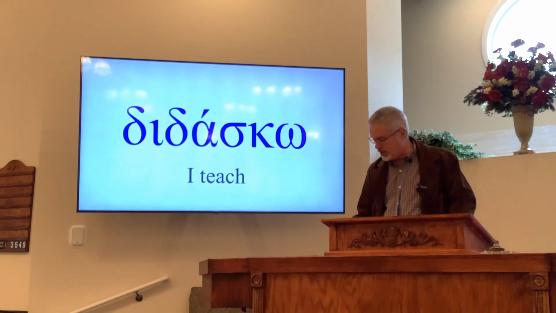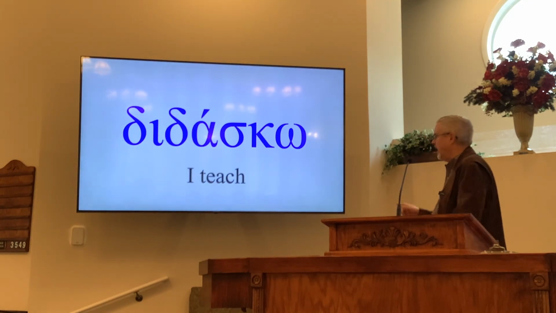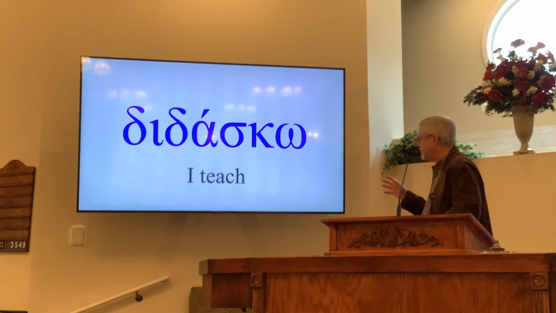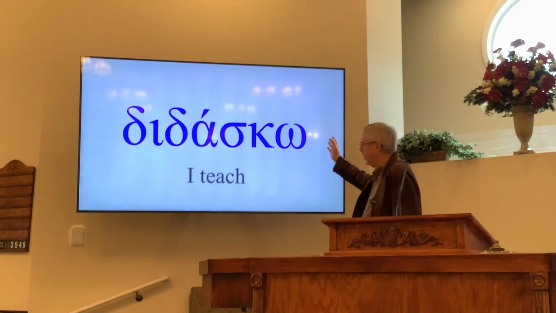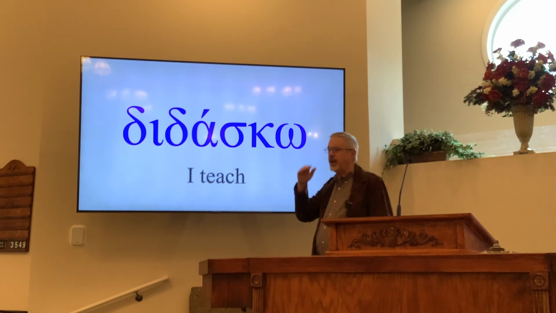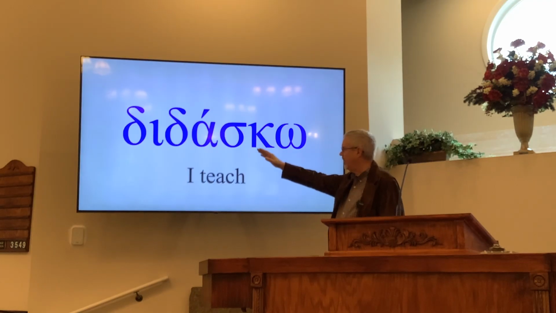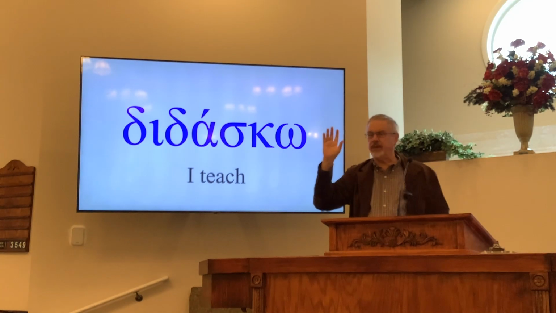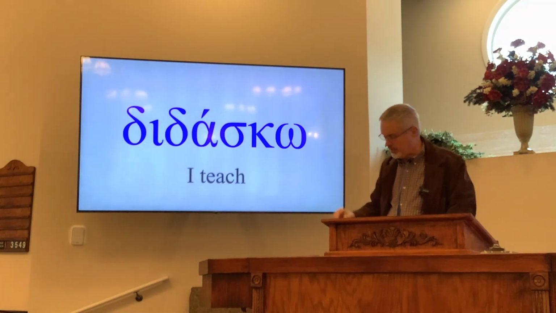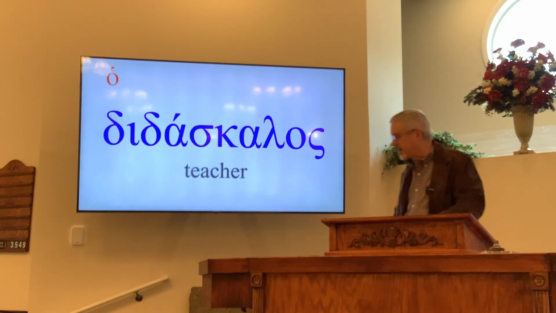This morning we're going to do a couple of things here, and this is on your sheet. Didasko is a verb meaning I teach, and very much like we have in English, you have at least a portion of this word, didask, or didas anyway. That's like the stem of the word, and so we have didaskalos.